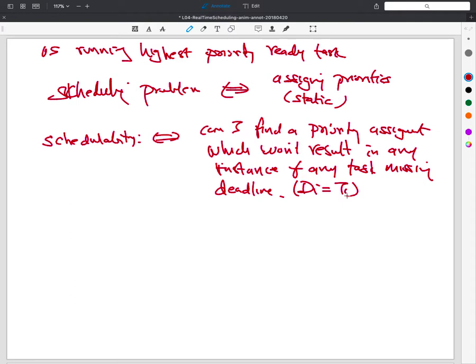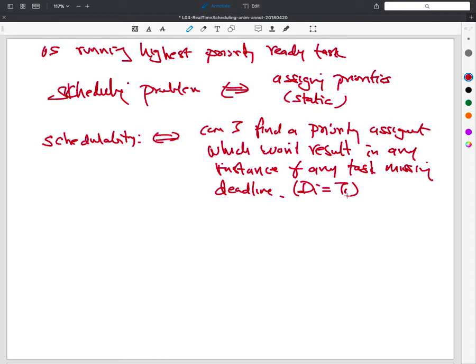And then I threw in a couple of intuitive examples. We have shown that it appeared that the lower the time period for a task, the better it is to assign it a higher priority. So given two tasks, it appeared always that if I were to give higher priority to the more frequent task, I'm better off.